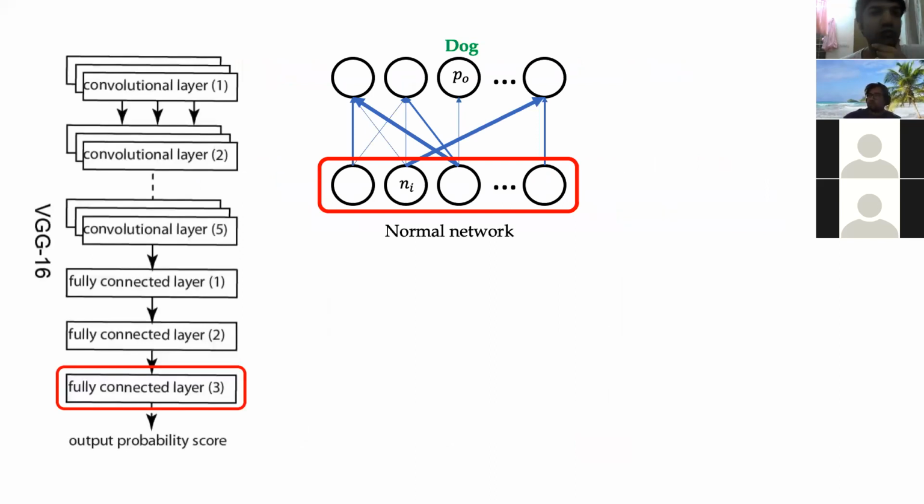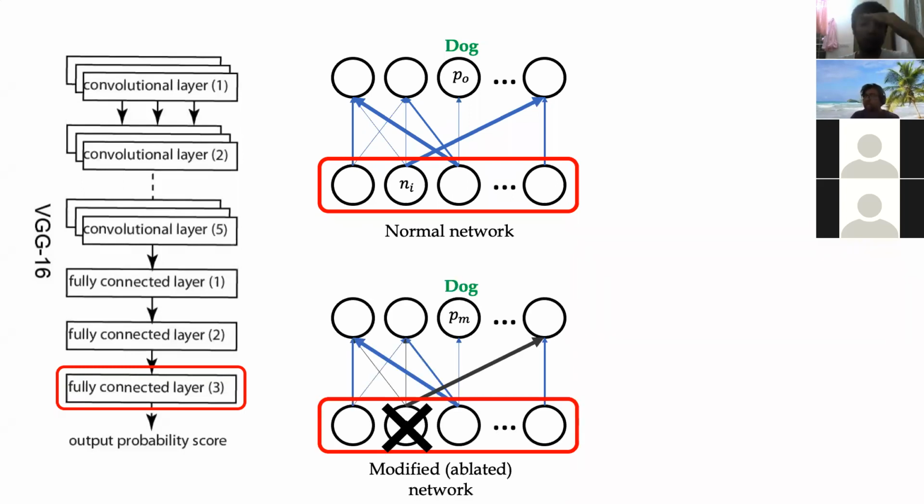For example, in a normal network, you have a particular unit in the penultimate fully connected layer that will have a certain weight of connection between it and the softmax layer. When you give an input image, this unit Ni that I'm representing here will be activated to a certain degree, and it will influence your decision making based on the features that it has already learned, right? Then you can remove that particular node, which is essentially zeroing out all the output connections going out from that node.